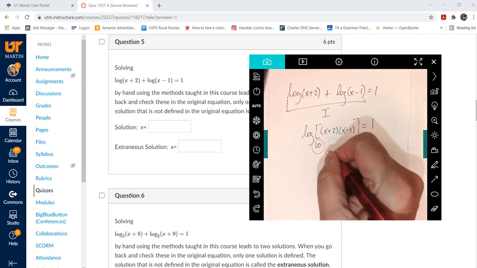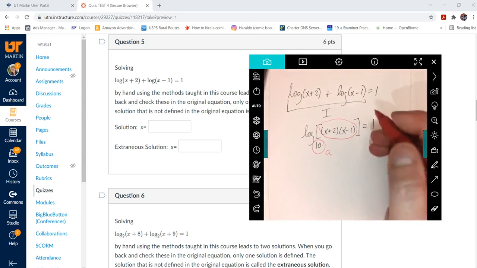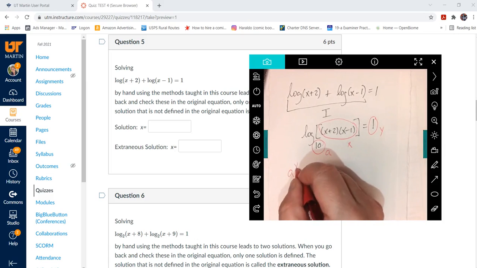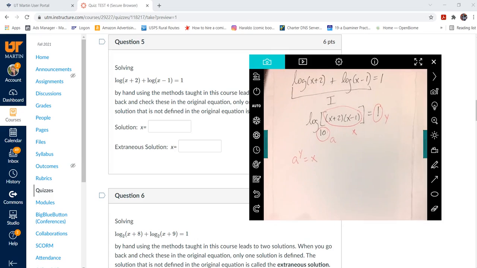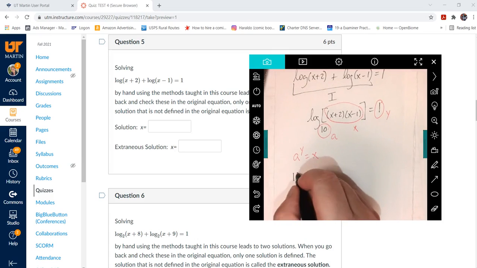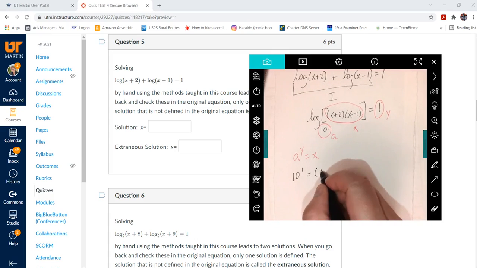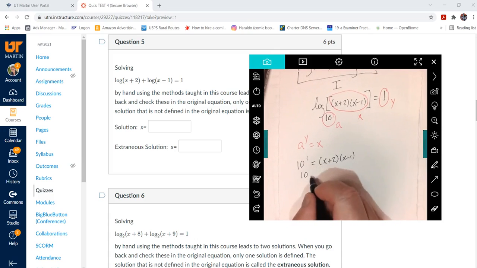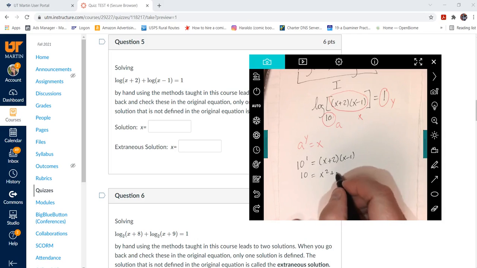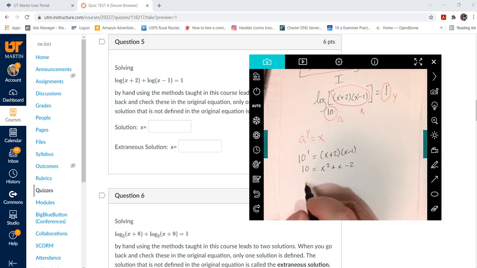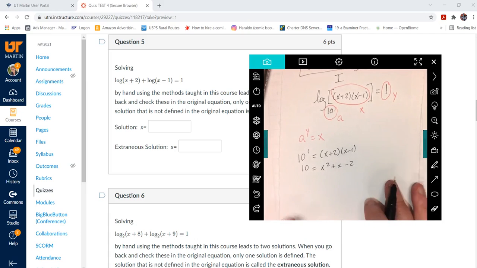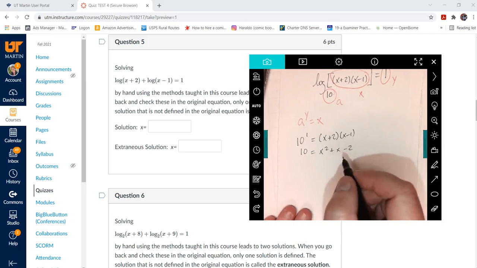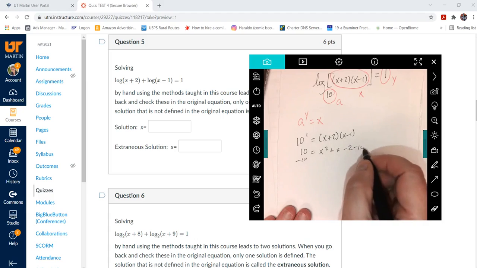So I'm going to have a, x, and y. So I'm going to have 10 to the first power equals that. I'm going to FOIL that. Then I can solve the quadratic if it's equal to 0. So I'm going to subtract 10 from both sides.